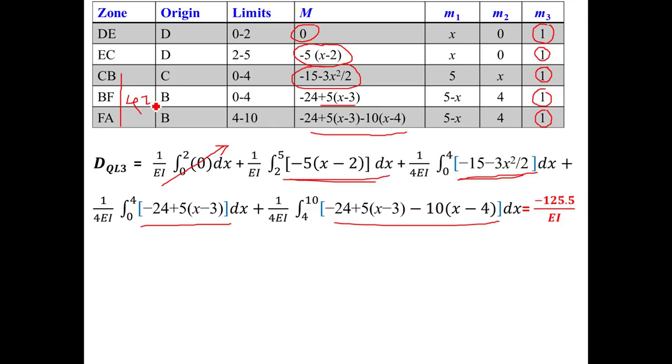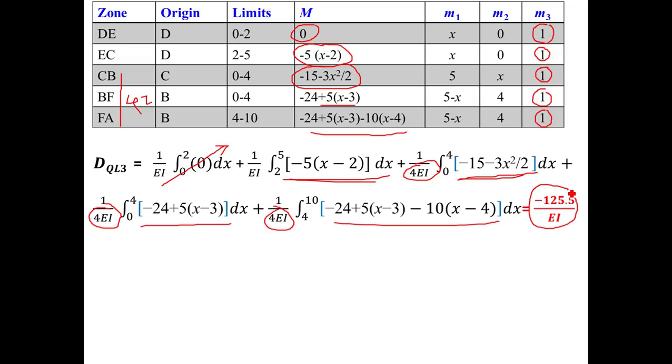So it is written outside the integration 4EI for last three zones. Okay. So if you perform this integration of four zones, finally you will get the answer of DQL3 minus 125.5. Okay. So this is about the three elements of DQL vector.